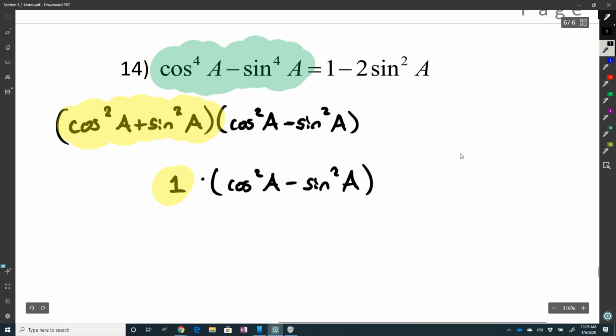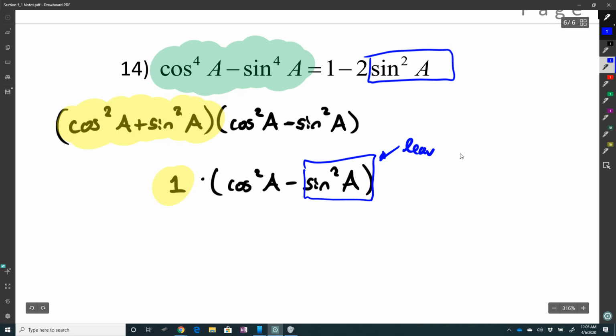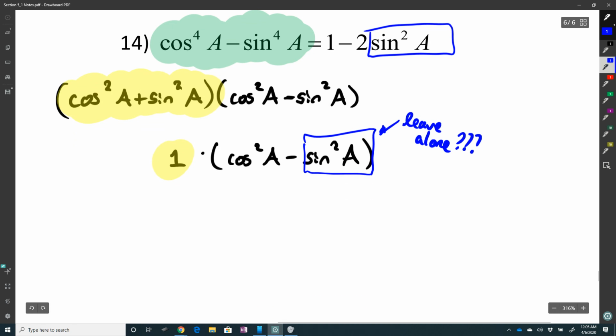So now, how do we prove that cosine squared minus sine squared is 1 minus 2 sine squared A? Well, notice that they both have the sine squareds. So I'm probably going to want to leave that alone, because I already have my sine squared. Anything I do, I would probably want to do to cosine squared.